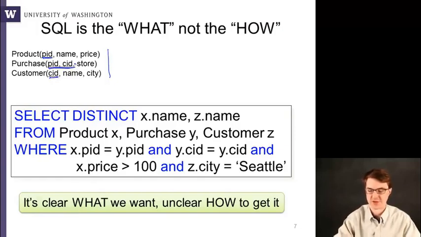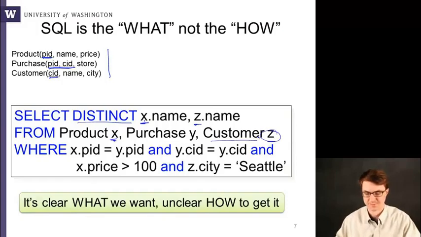Okay, so here's another SQL query. We say select distinct product name. Why do I know it's the product name? Because I see an X here and I see an X here. And the customer name, and I know it's the customer name because I see a Z here and I see a Z here. This is an alias for the relation customer.